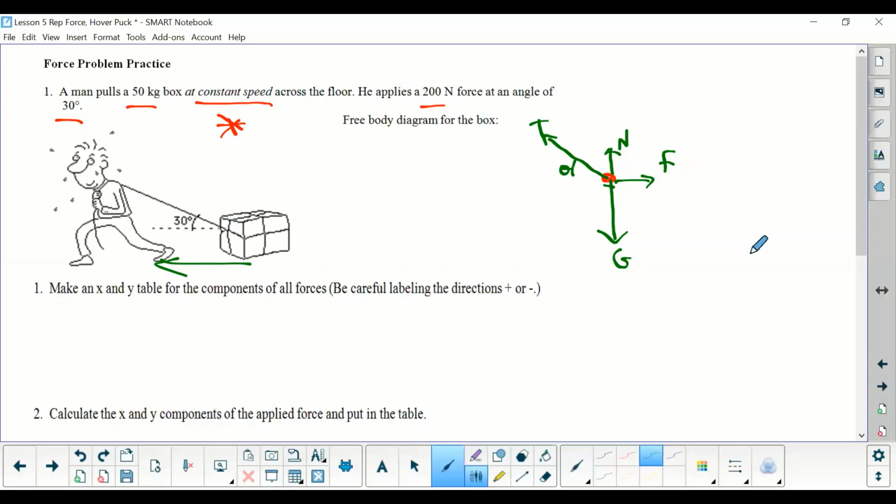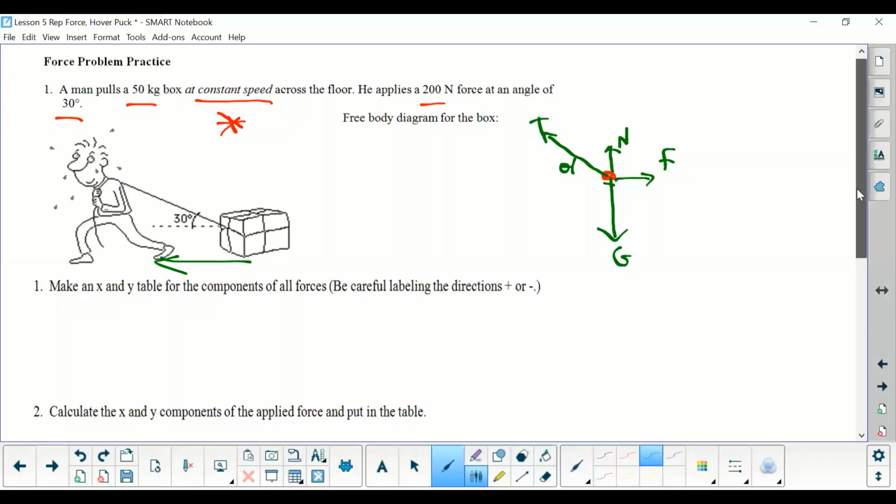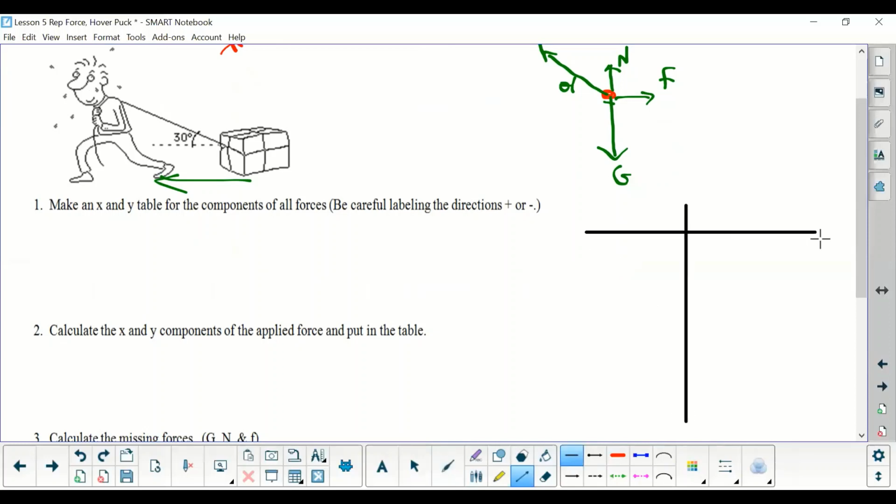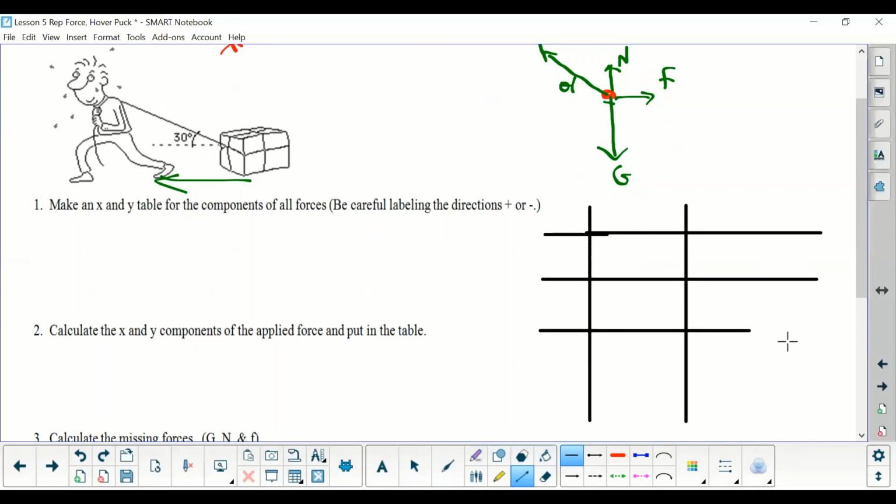Okay, so next step we're going to do is we're going to make a table. So I'm going to try to do this a little bit nicer than my hand drawn, because my handwriting is not very good. So all right, we got our chart here. I'm going to need a horizontal row for every arrow that I drew there. So I got 4 arrows, so I need 4 rows.